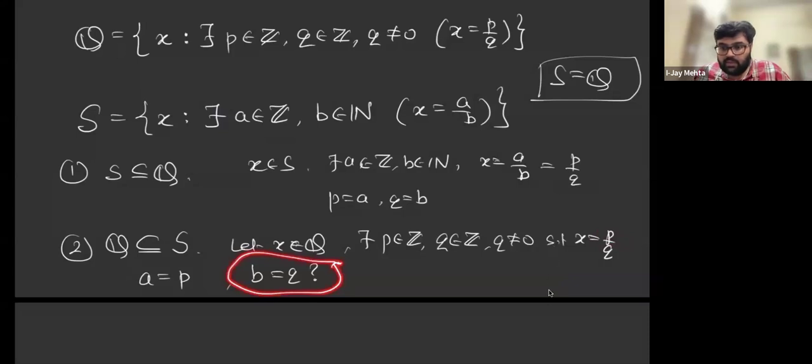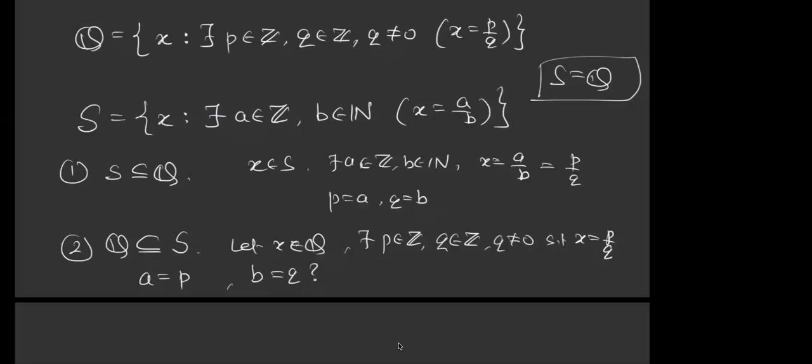Okay, some are saying yes. Kundan, B equals to Q, can I take? Room number 6, Kundan. Okay, room number 9, Vishal. Yes, sir.